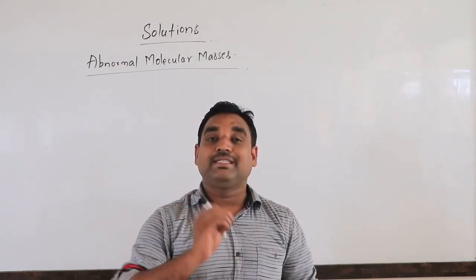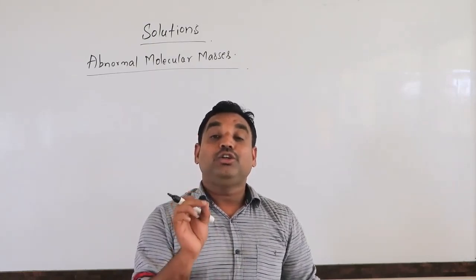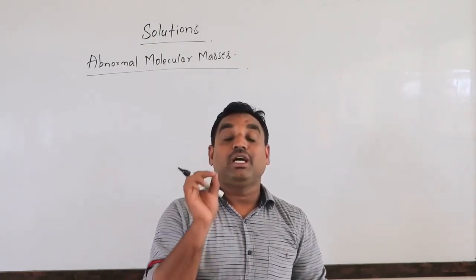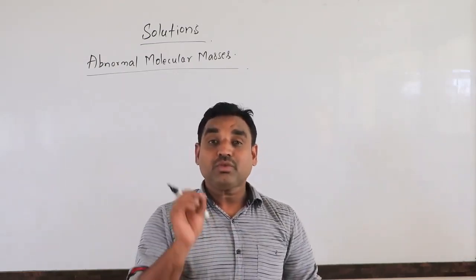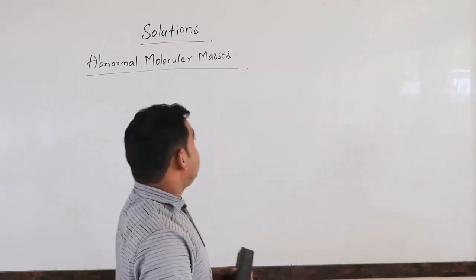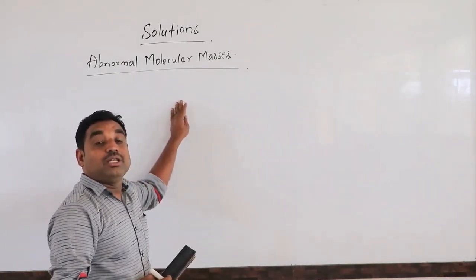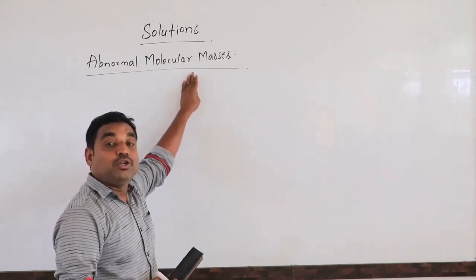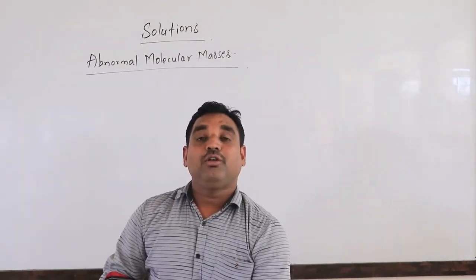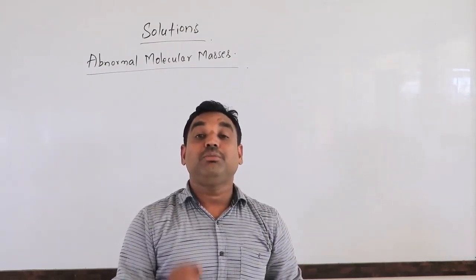To get the exact molecular mass, the solute should not dissociate or associate in the solution, that is one thing. If dissociation and association are taking place in a solution, we do not get the accurate molecular mass for the solute. If you want the accurate molecular mass, the solution should be dilute.